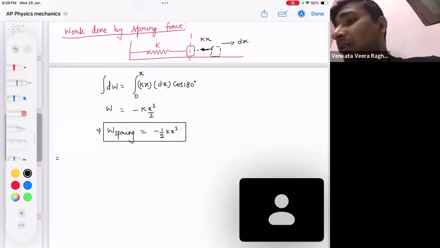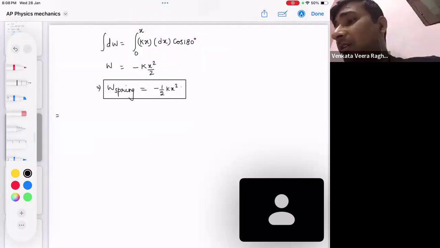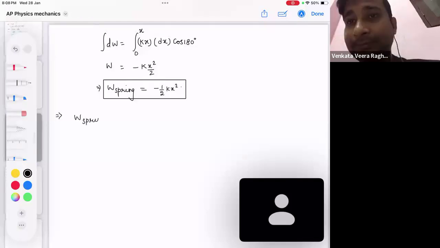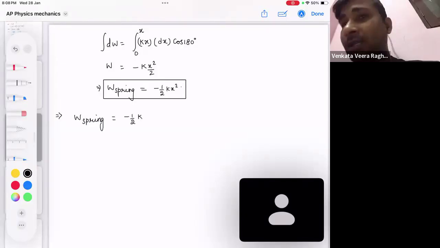So from the natural length, if the spring is being elongated or compressed, in both cases the work done by spring will be negative. So the work done by spring will be minus half kx square.